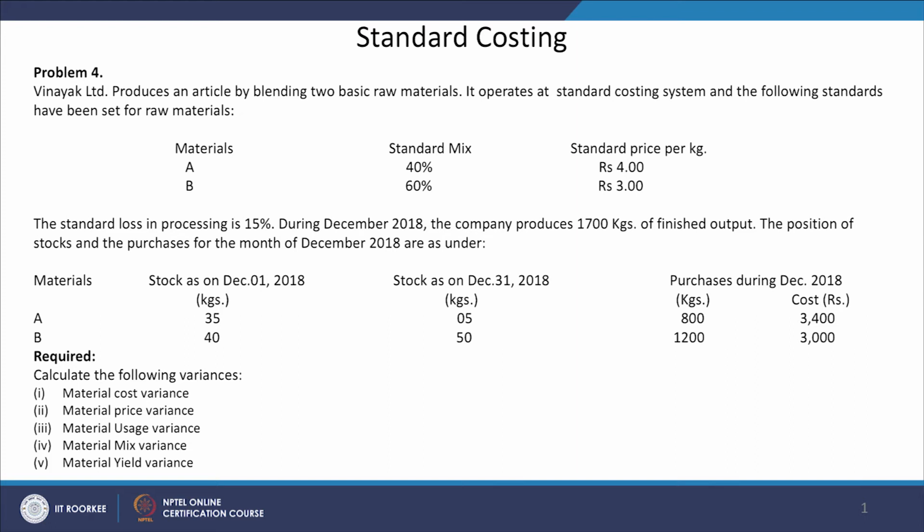then we assume that the actual price is equal to the standard price, and then you are given the total information about the purchases. After exhausting the opening stock, which in case of A is 35 kgs, we will go for the purchases, because the actual requirement for this month is very high.